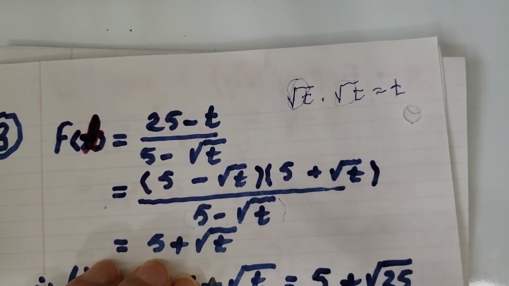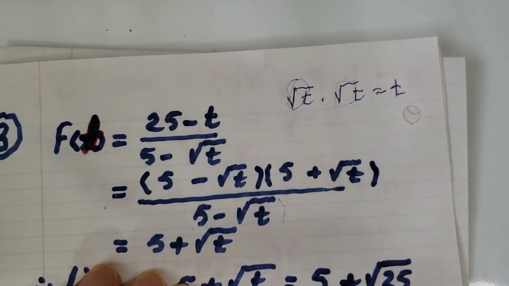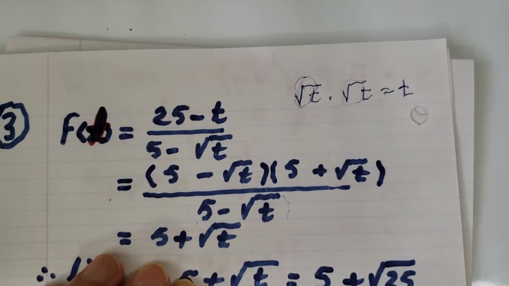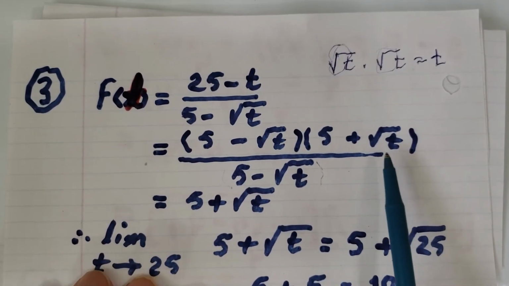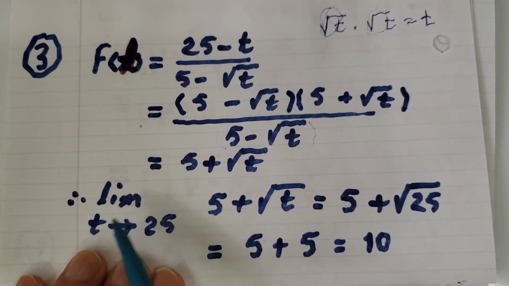So here is the new shape for the function after the cancellation. We also confirm that the new shape has the same domain as the original function. Now we can make the substitution. We say limit when t approaches 25.